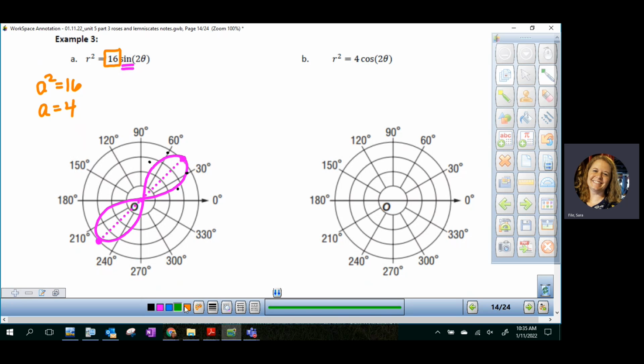That's a lemniscate. Now this one, A squared is 4. So what's A? And cosine is the trig function there. So it's going to be along the 0 degree, just out 2 units.